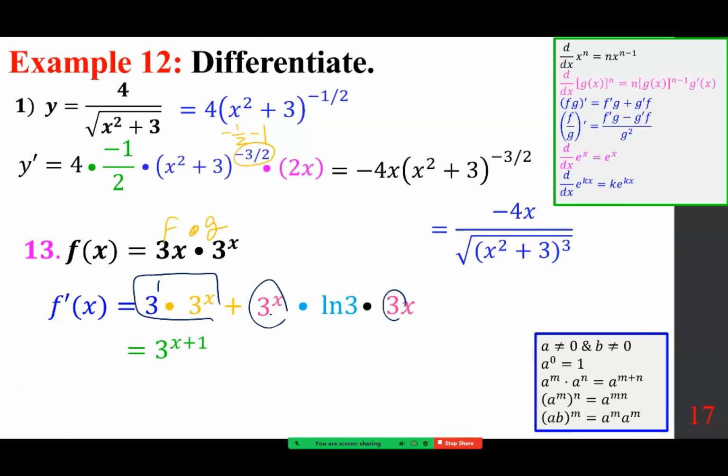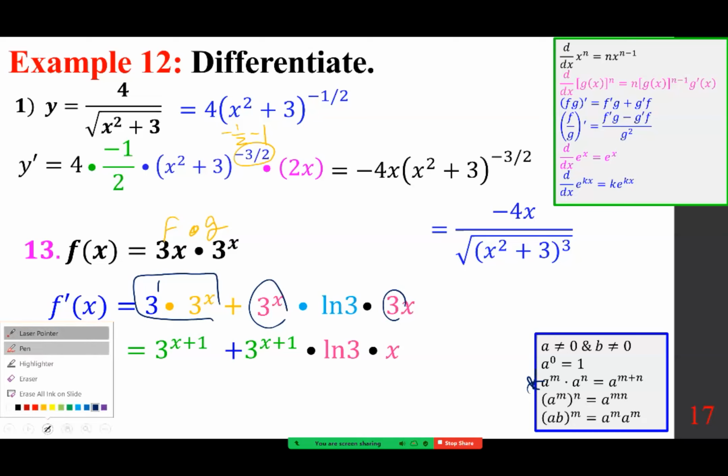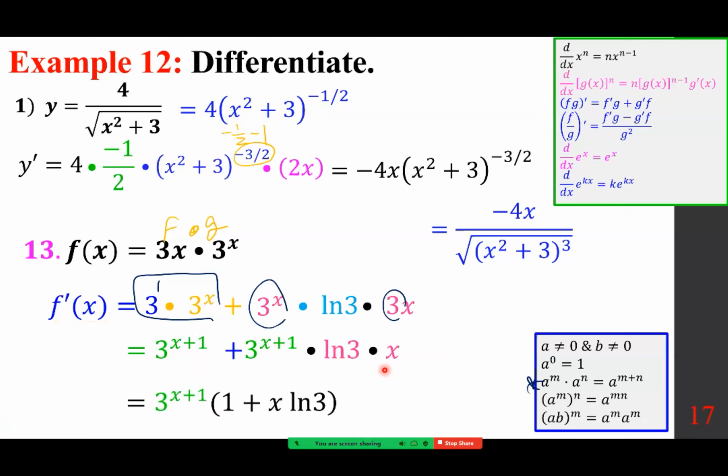Okay, this is the rule. And so we take 3 to the power of x plus 1 out as a common factor. This gives you 1, this gives you x ln 3. We put the x in front because I don't want anybody to think it's ln of 3x. That's why I put a raised dot in between, okay?